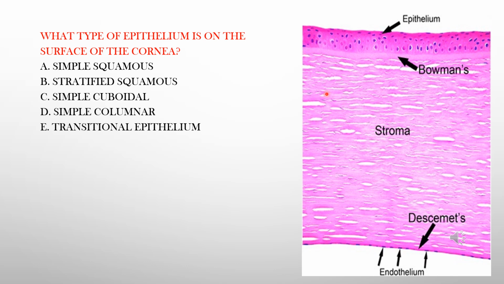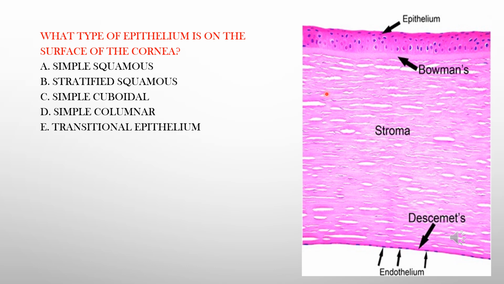As we mentioned before, the corneal epithelium is formed of stratified squamous non-keratinized epithelium, and it is about 5 to 6 layers thick, resting on the basement membrane.